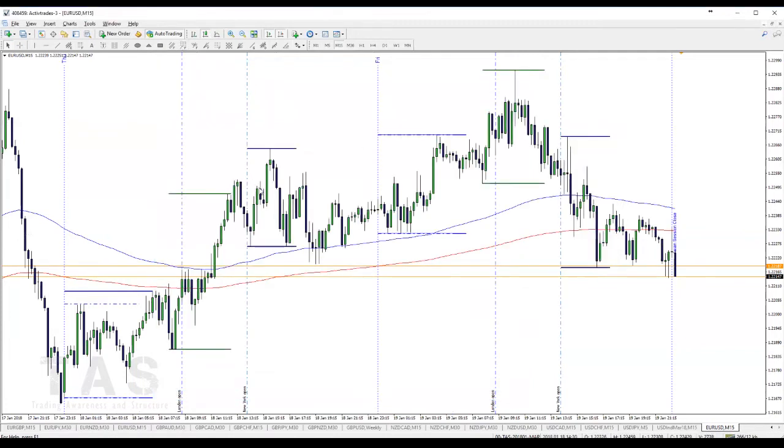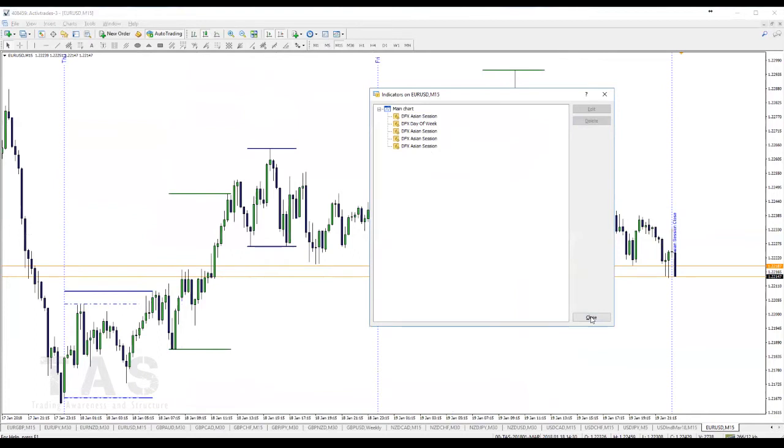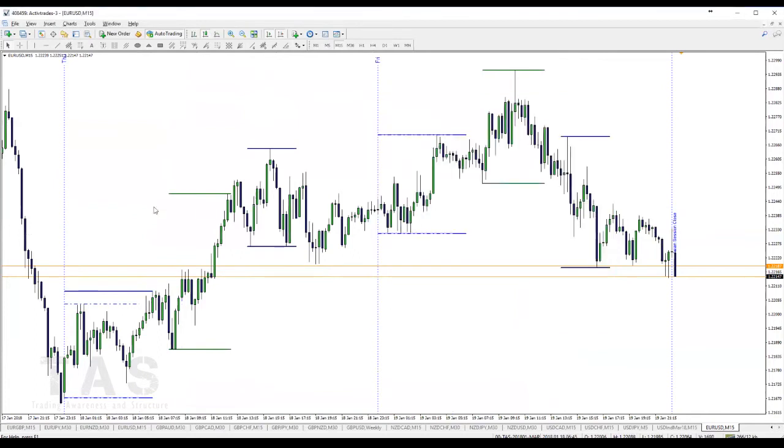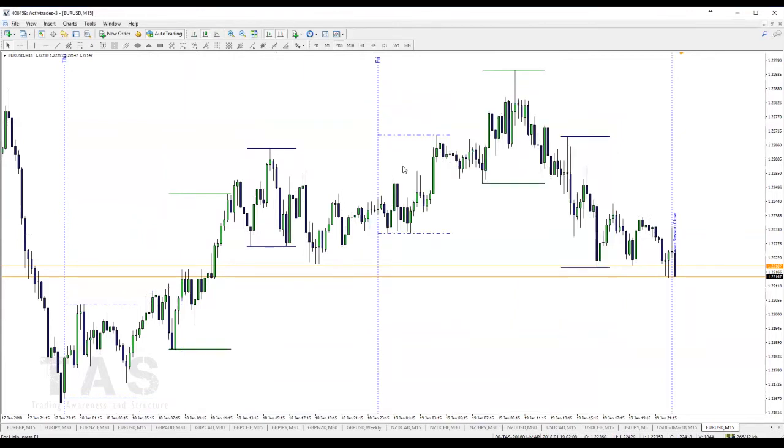And let's take the moving averages away. So the thing you have to know is that London usually sets one extreme, and New York usually sets the other extreme.